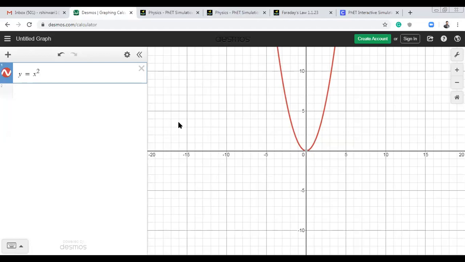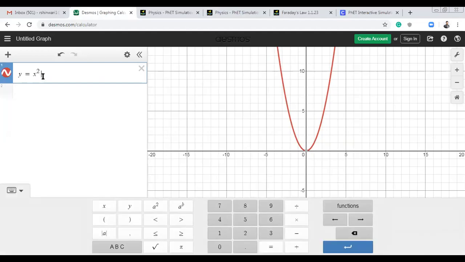Now, if you want to shift this graph upward or downward, let's suppose 5 units, you can add any number. For example, if you want to add 5, it will shift 5 units upward. You can see before it was starting from 0, 0.